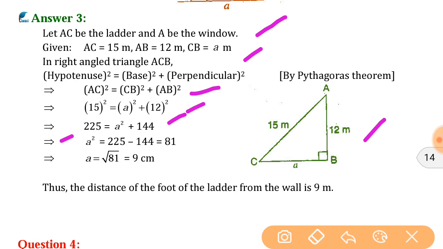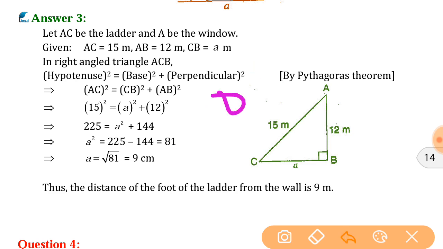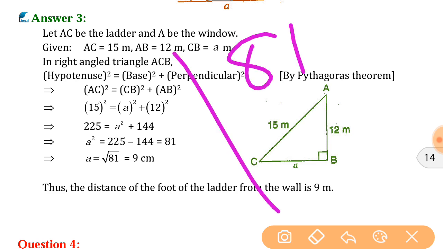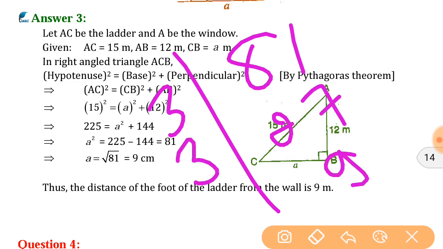So A square is 81, meaning A is the square root of 81. You can check by calculation. Just now I said, 81 by factorization we have to find it. 81 is 9 into 9, and 9 is 3 into 3.